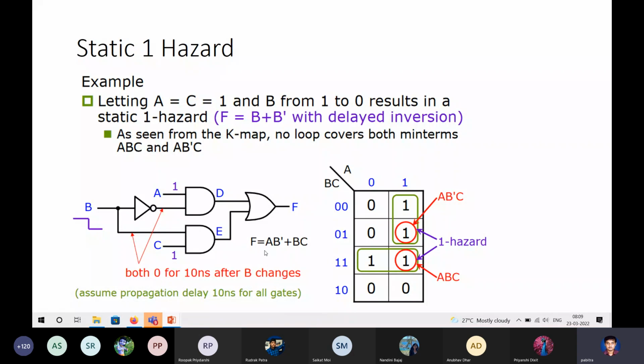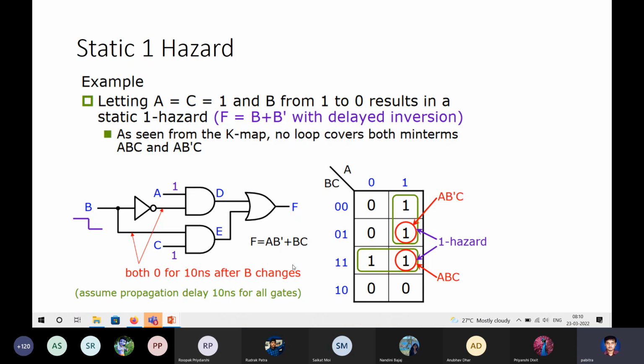Now let us look at the sum of product form of a function. So this is a sum of product form like AB prime plus BC. If you are talking of a static 1 hazard, the f should be statically 1. When is f statically 1?